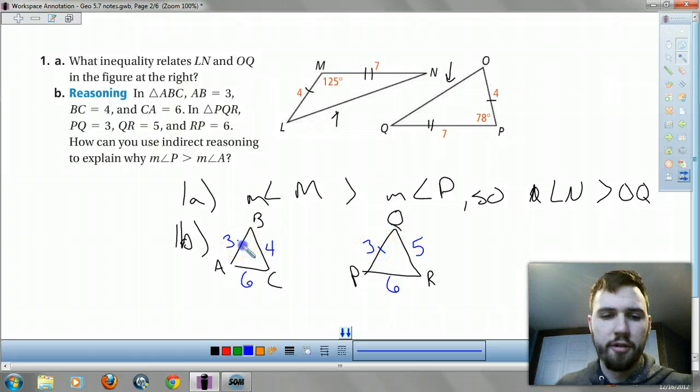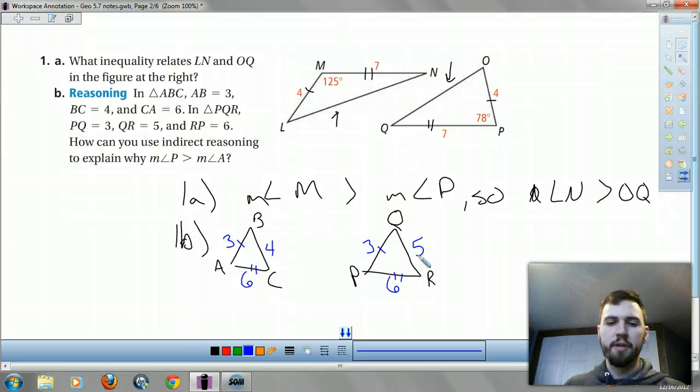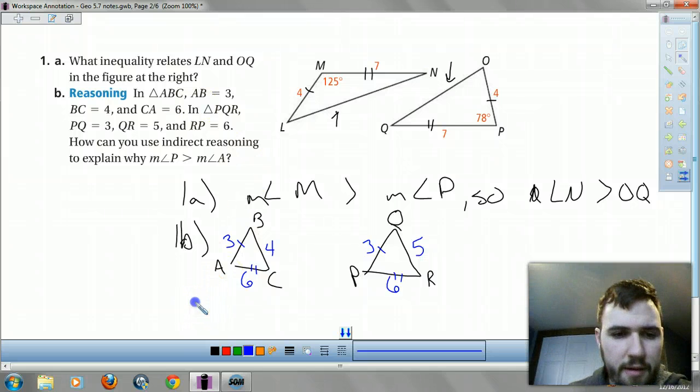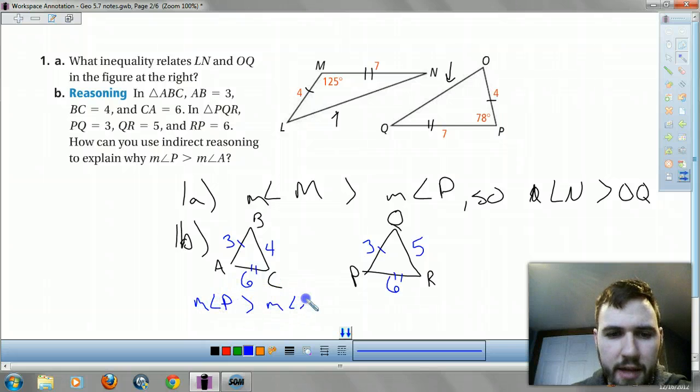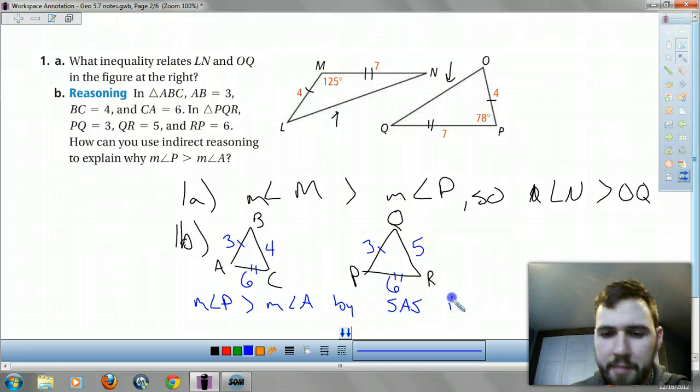So this side's congruent to this side. This side's congruent to this side. So what can we do? We can say that the measure of angle P has to be greater than the measure of angle A by the SAS inequality theorem.